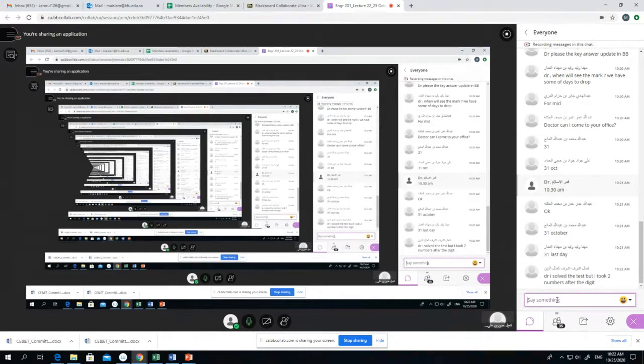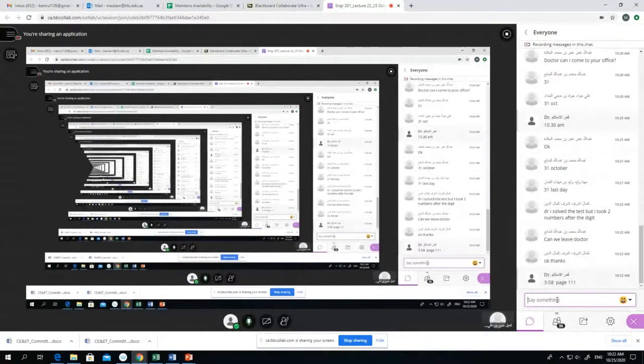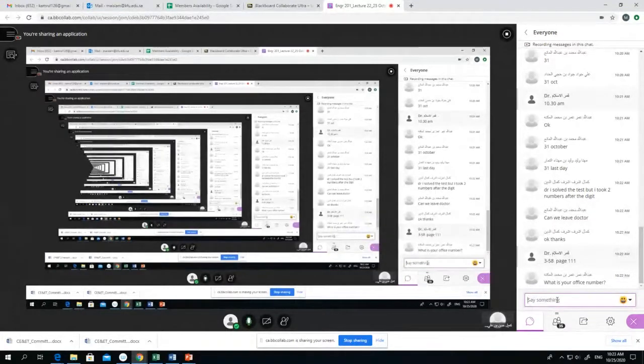So, page 358, number 111. This problem, I think you can find in the solution. But if you don't have it, you can ask me, right? Question 3 was... What is your office number? 2076.